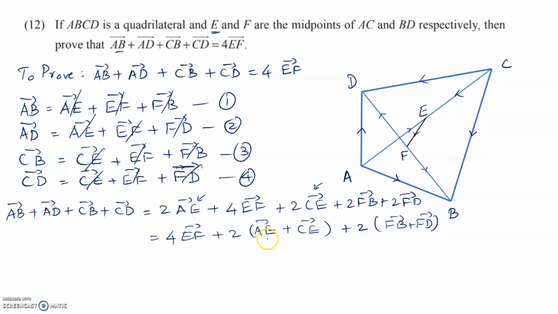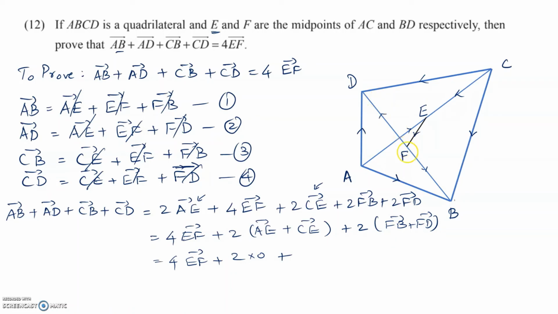Now you can notice that in AE plus CE, since E is the midpoint of AC, AE will be equal in magnitude to EC, but in the opposite direction. So if you add them together, it will become 0. So 4 times of EF vector plus 2 into 0, and similarly FB plus FD.